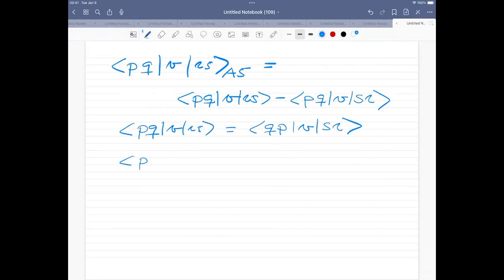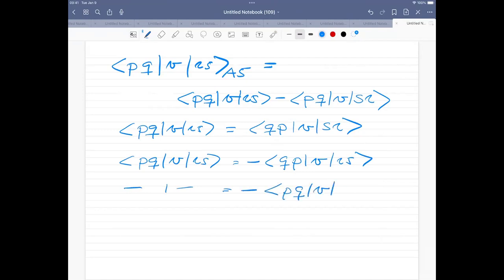But then we also have that ⟨pq|v|rs⟩ has to be equal to minus ⟨qp|v|rs⟩. And this number is also equal to minus ⟨pq|v|sr⟩. And now I'm going to put here an AS, anti-symmetrized. So this is going to be an anti-symmetrized matrix element.